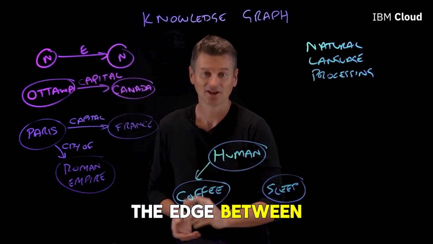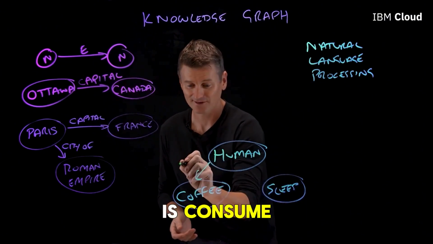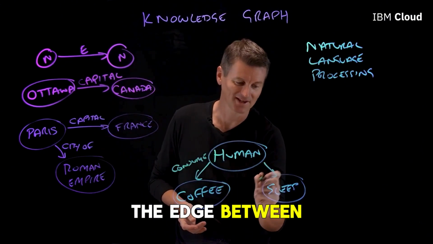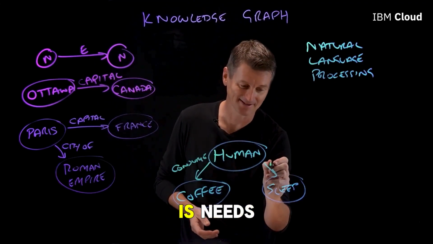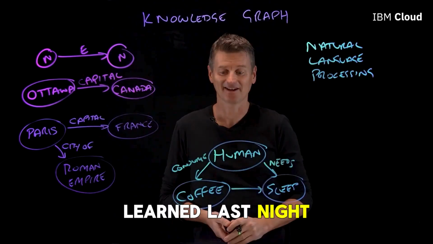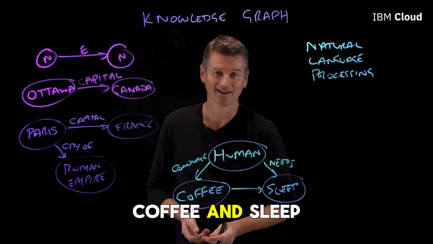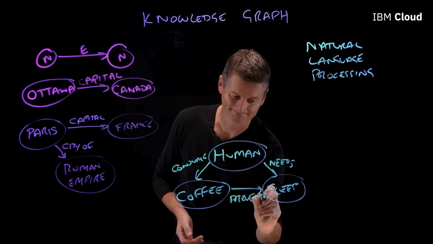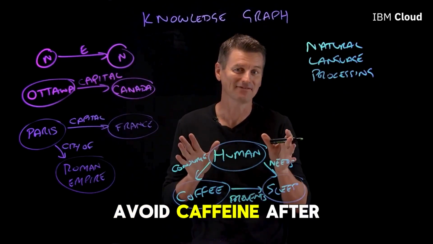The edge between human and coffee is consume. The edge between human and sleep is needs. And what I learned last night, the edge between coffee and sleep is prevents. Avoid caffeine after 5 p.m, folks.